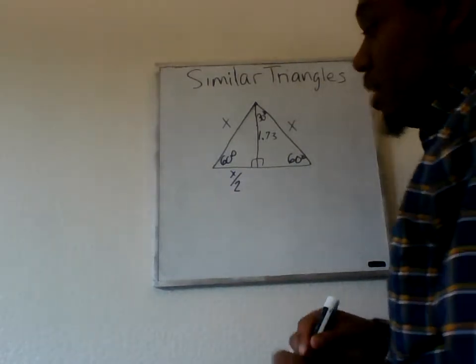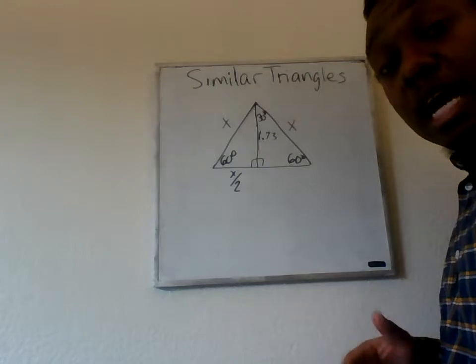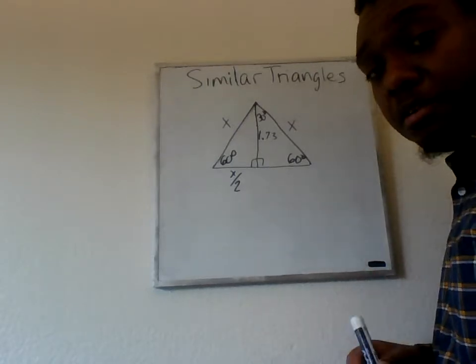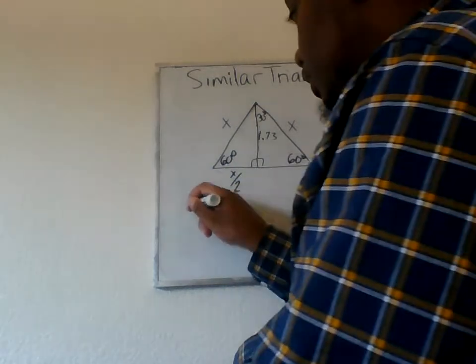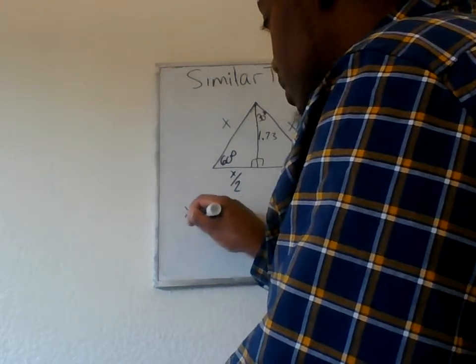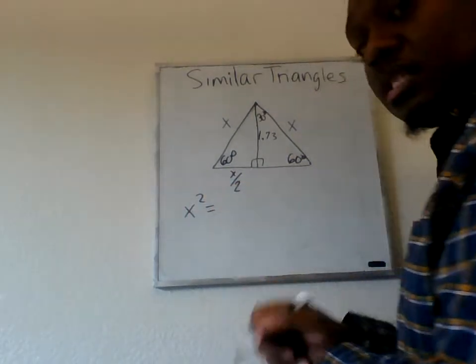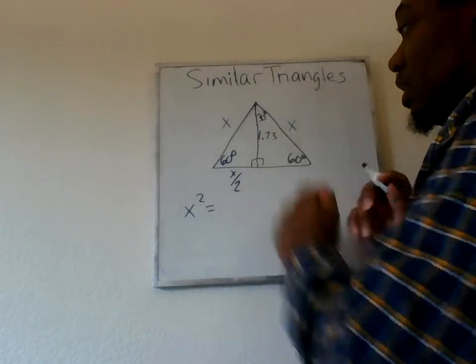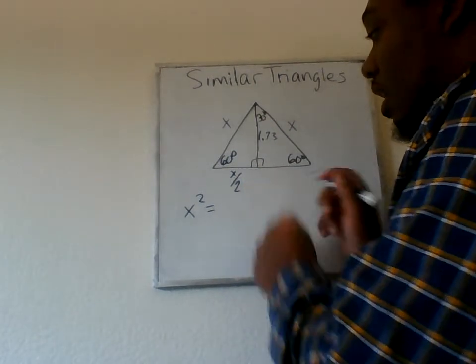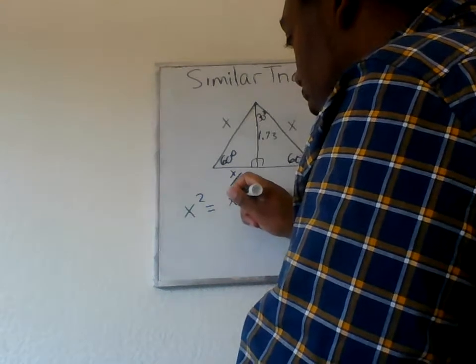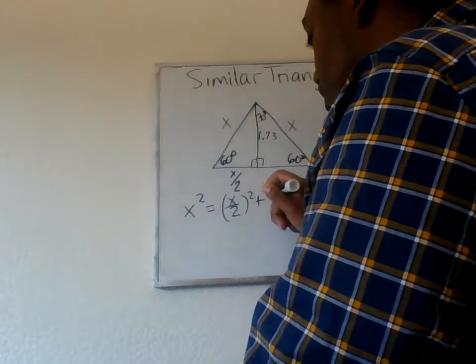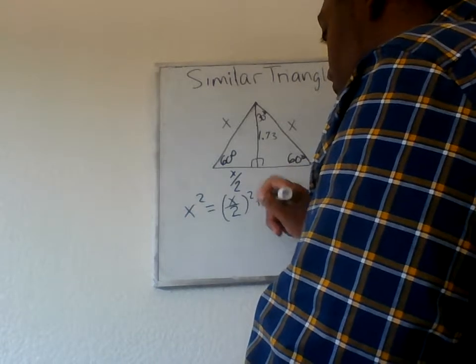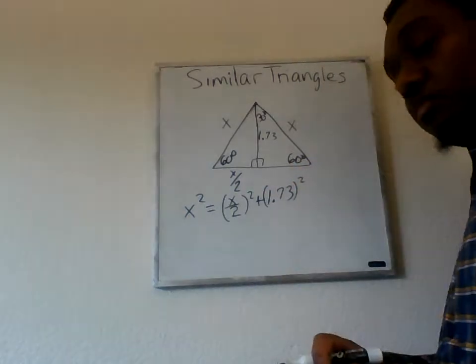All right. But we have enough information now to set up the Pythagorean theorem because this is a right triangle. We know that the hypotenuse, which would be x, squared is equal to the sum of the squares of the lengths. So the sum of x over 2 squared plus 1.73 squared.